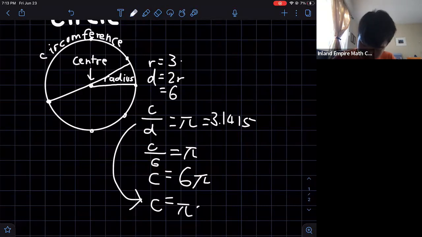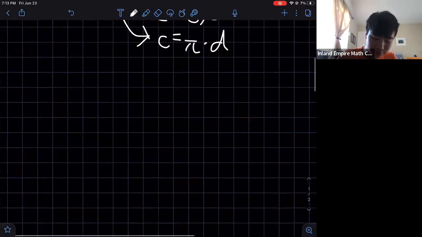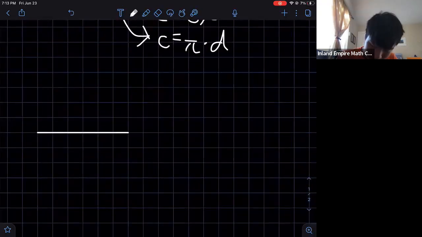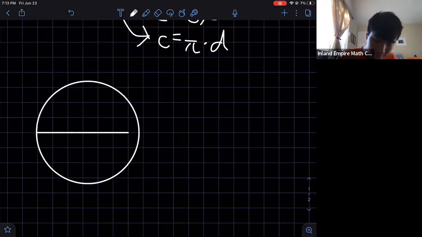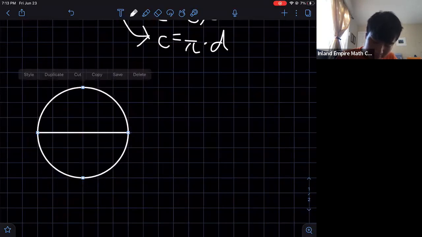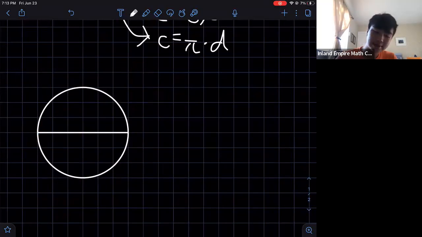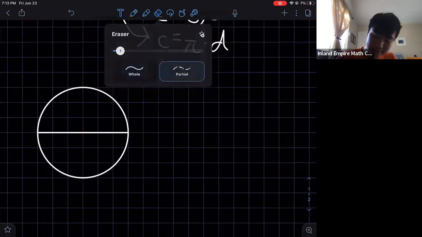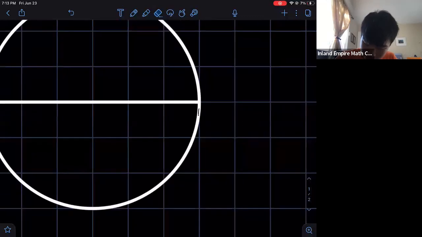pi times the diameter, then we can also figure out what the lengths are of smaller sections of the circumference. So let's just draw a simple circle like this. So if we draw a circle like this, splitting it down the middle, like that, and then if we just have a semicircle, let's erase all of them.